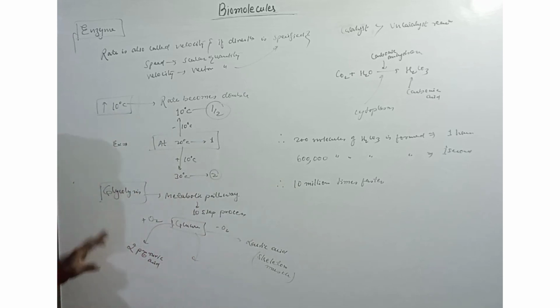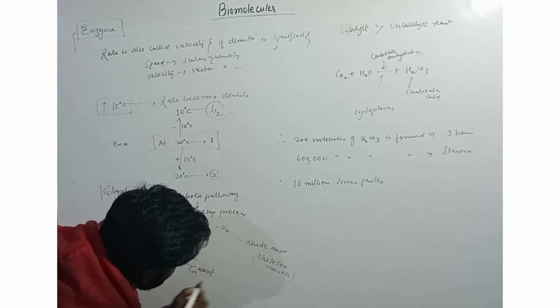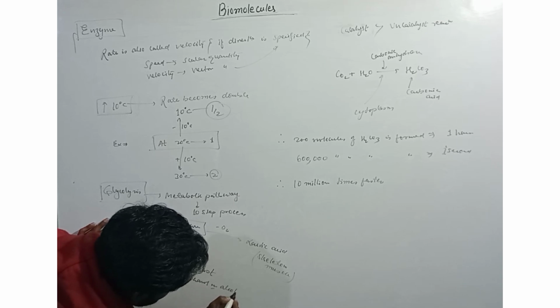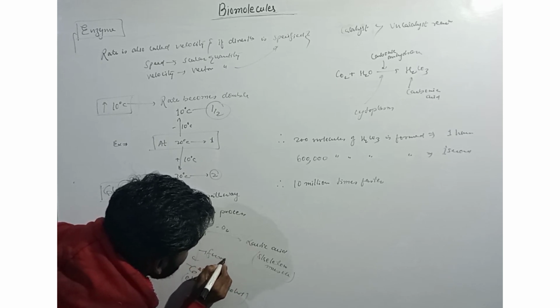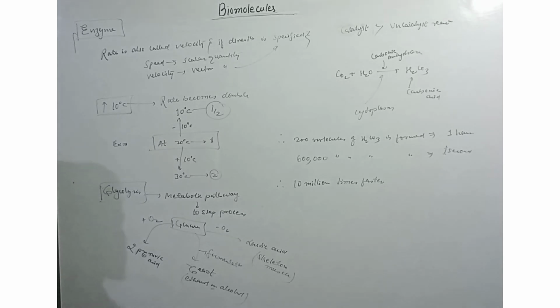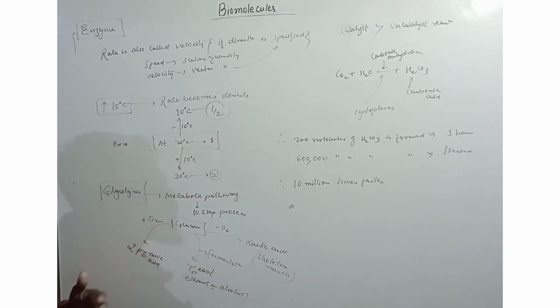In the same 10-step process in yeast, it forms ethanol or alcohol by the process called fermentation. So the main point is that in different conditions, different products are formed.